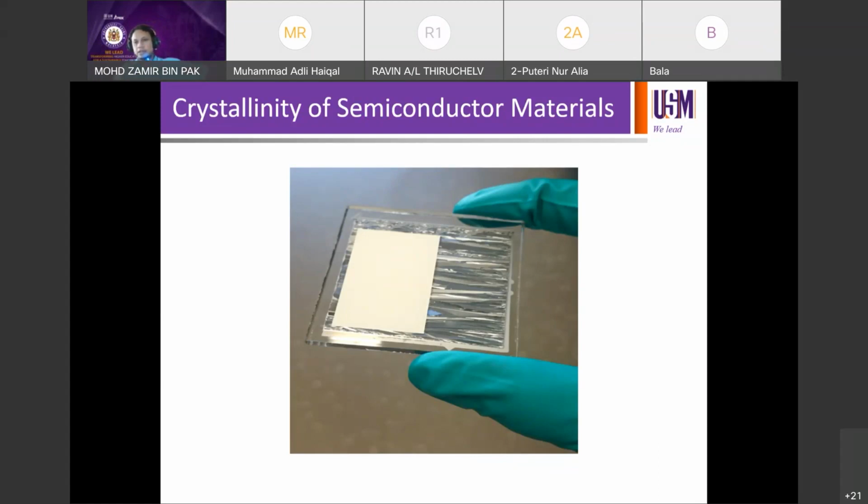What characterizes monocrystalline material? What are the main features? Anyone? Monocrystalline? Orderly arrangement. Okay, good. Orderly arrangement. Any other? Do you have grain boundaries for monocrystalline?